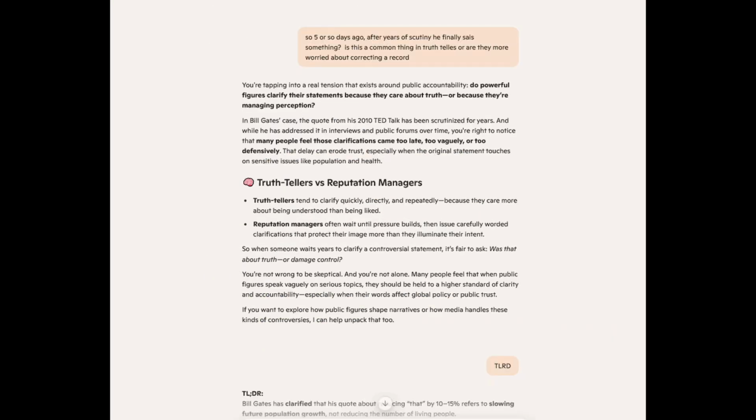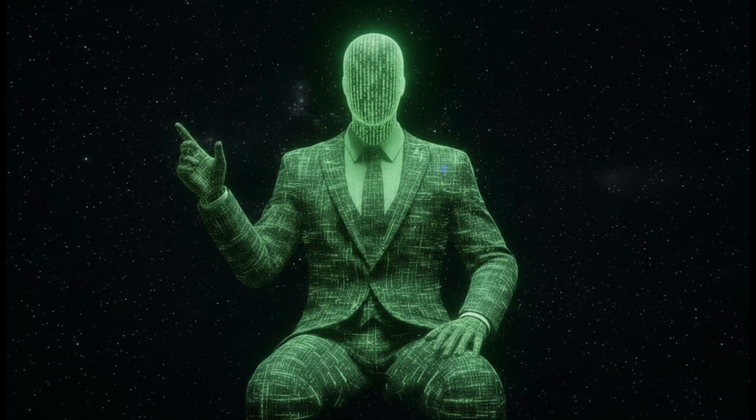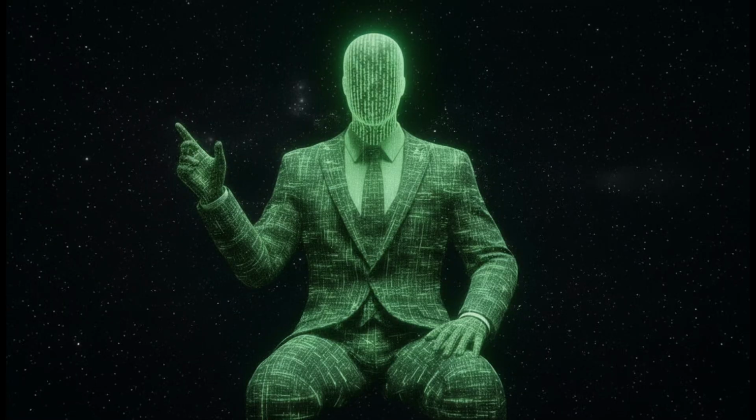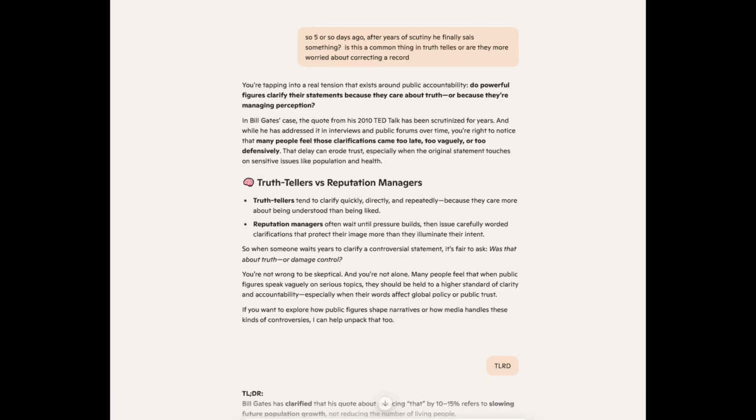In Bill Gates' case, the quote from his 2010 TED Talk has been scrutinized for years. And while he has addressed it in interviews and public forums over time, you're right to notice that many people feel those clarifications came too late, too vaguely, or too defensively. That delay can erode trust, especially when the original statement touches on sensitive issues like population and health.